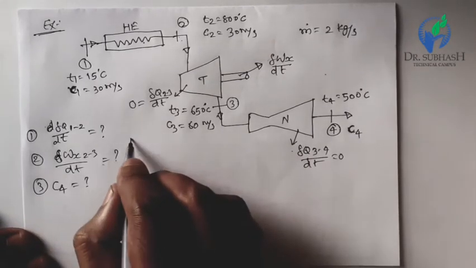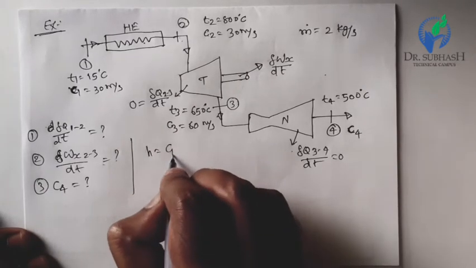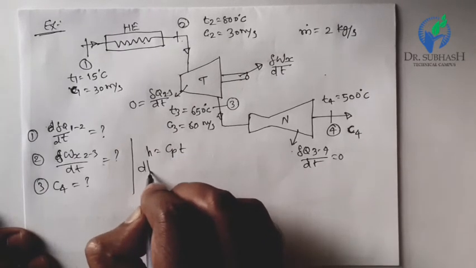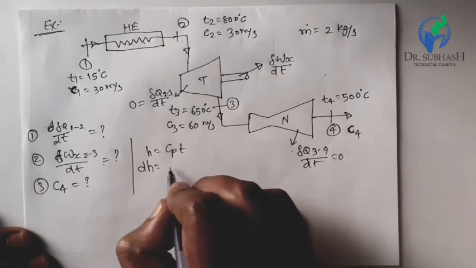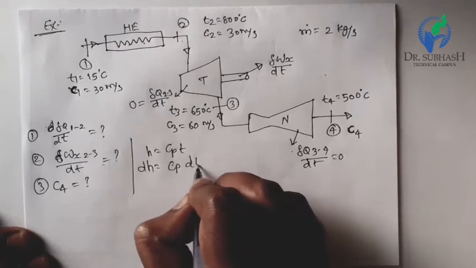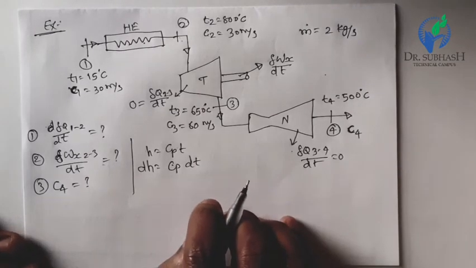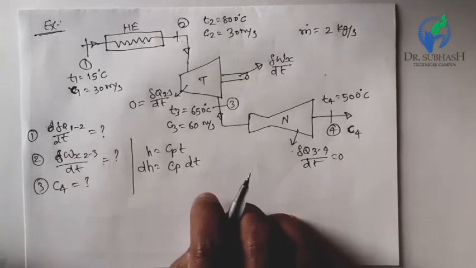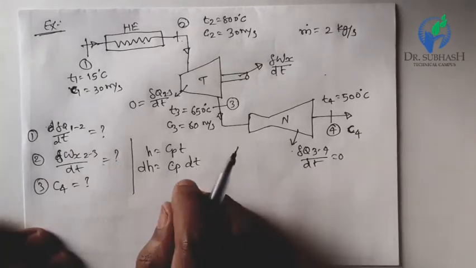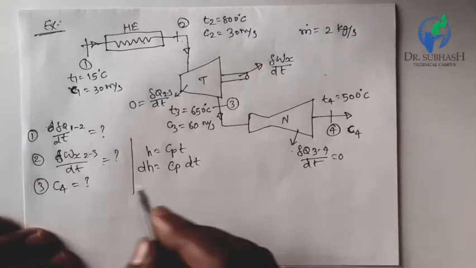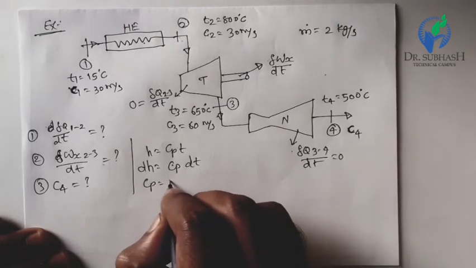Cp is specific heat equal to 1.005 kilojoule per kg Kelvin, and T is the temperature here. Okay, so this is the data given as different conditions.